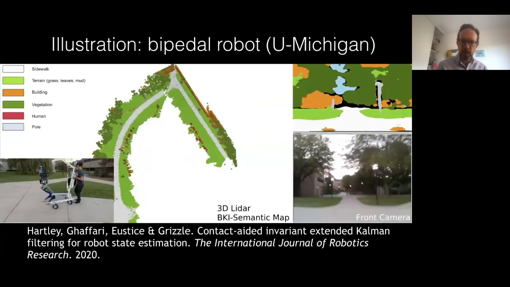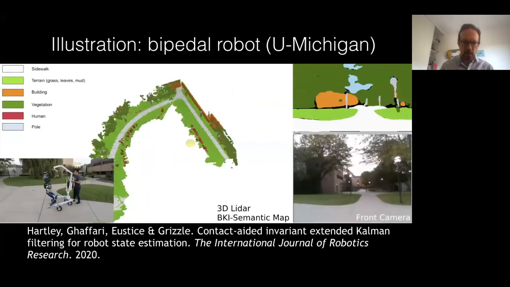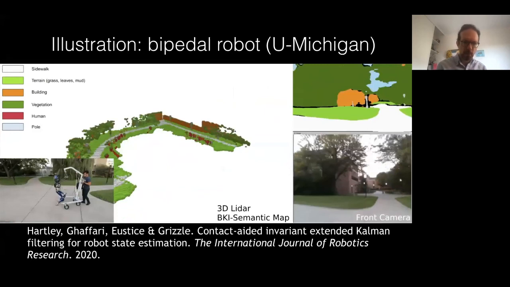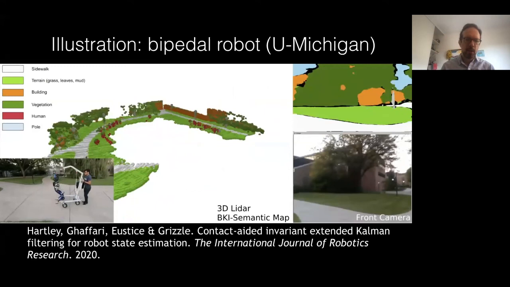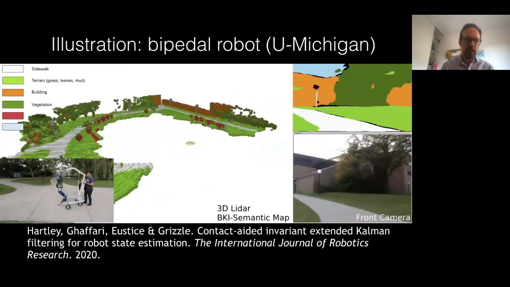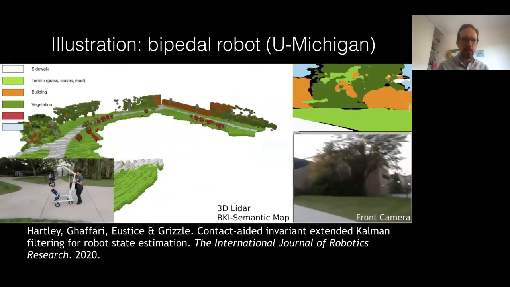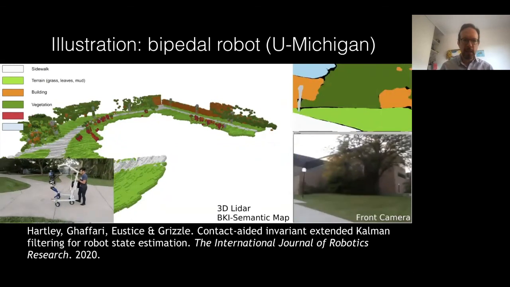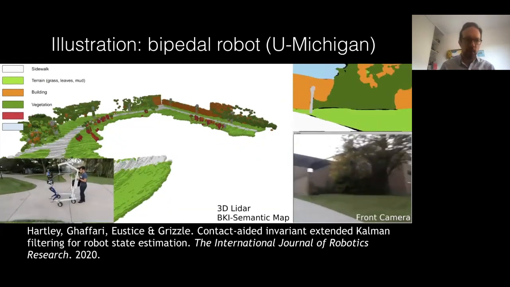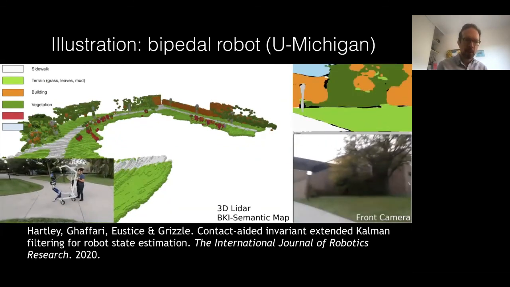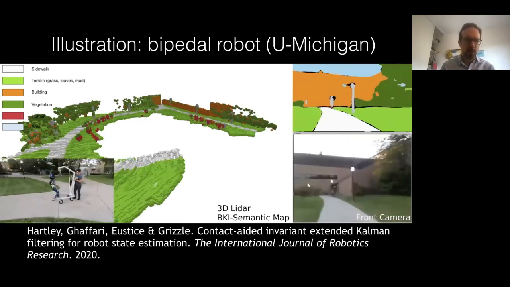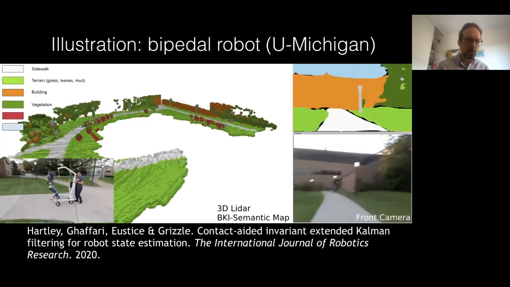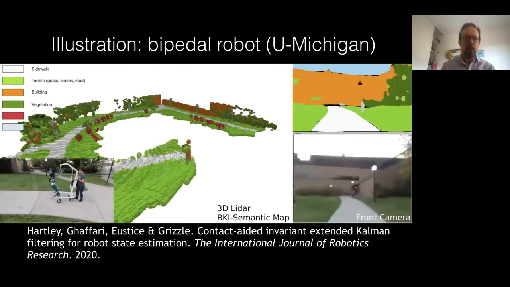I can show you this experiment. It's a video that you can find on YouTube that Jesse Grizzle sent me. So you see, this is the robot Cassie. It's equipped with an invariant EKF. And what the robot does there is not SLAM, not simultaneous localization and mapping. It's just localization.